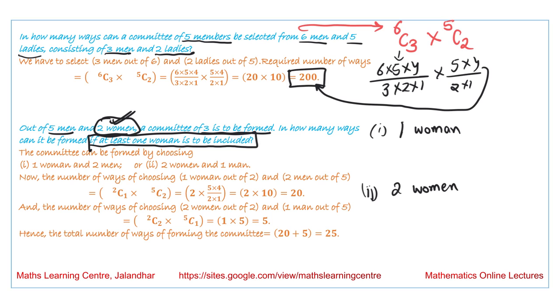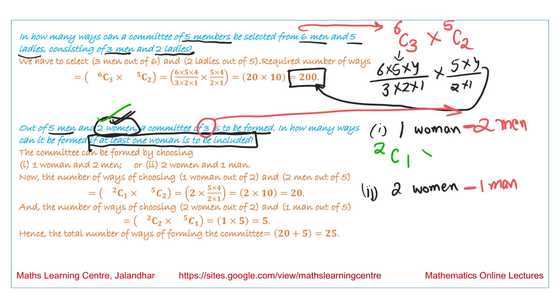If 1 woman is included, it means the number of men to be included is 2, as the committee is to consist of 3 persons. And when 2 women are there, it means 1 man is there. Number of ways of choosing 1 woman out of 2 women is 2C1.